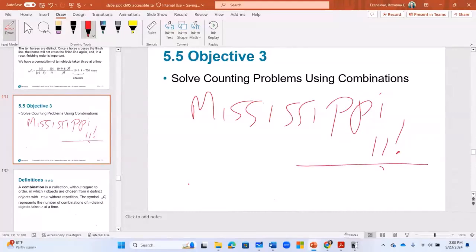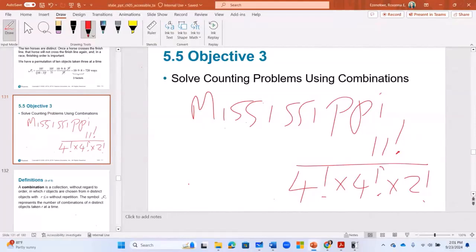Divided by, is there any repetition? Yes. S repeated 4 times. P repeated 2 times. Therefore, if I evaluate this correctly, I need to use my calculator.